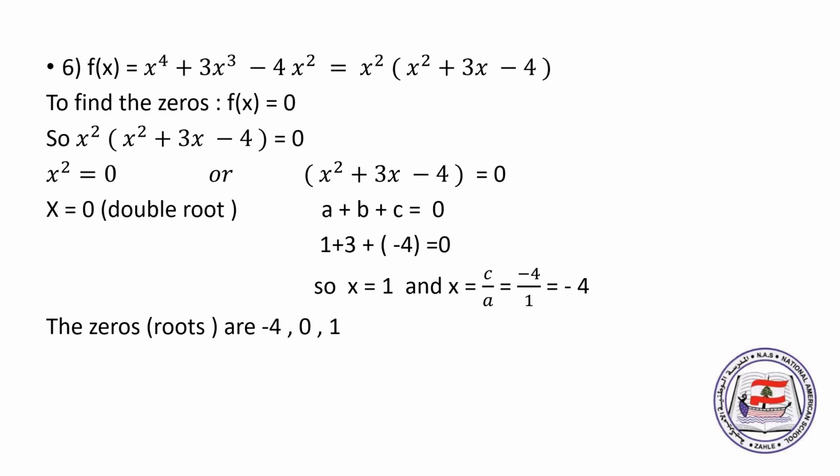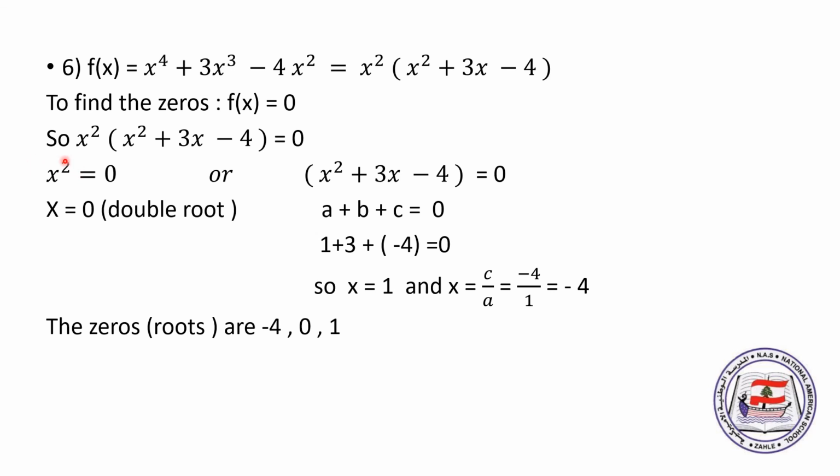In number 6, it's a polynomial of fourth degree. Taking x squared in common, since it's the least power of the variable. So x squared into x squared plus 3x minus 4. To find the zeros of this polynomial, we should take the whole expression equal to 0. So x squared is equal to 0, or x squared plus 3x minus 4 is equal to 0.